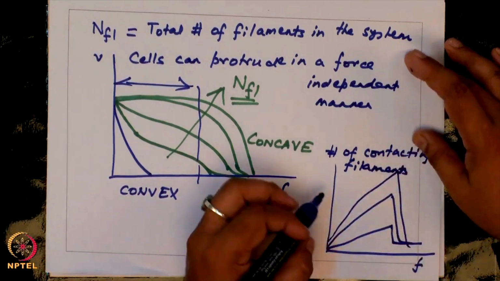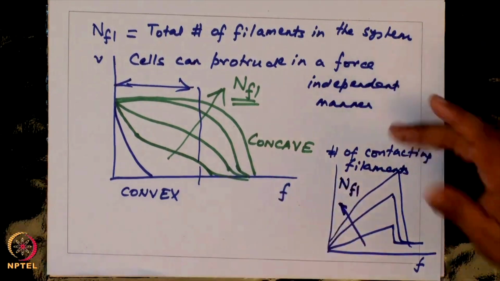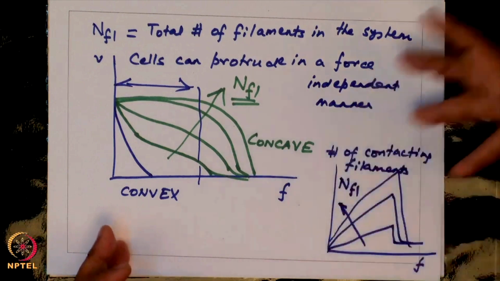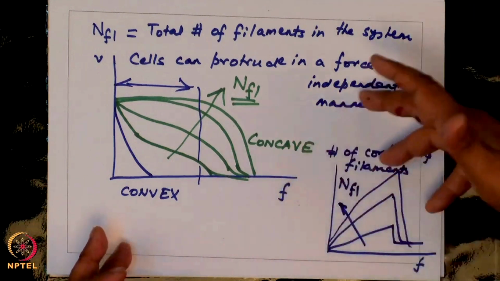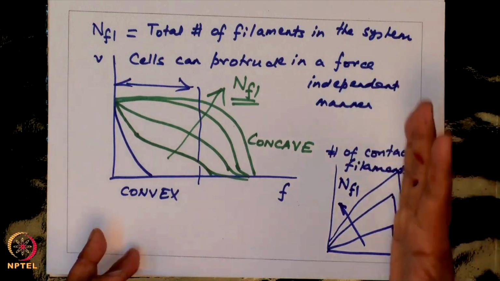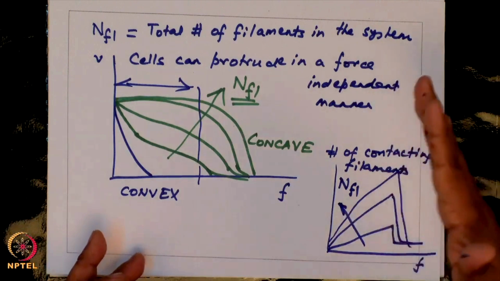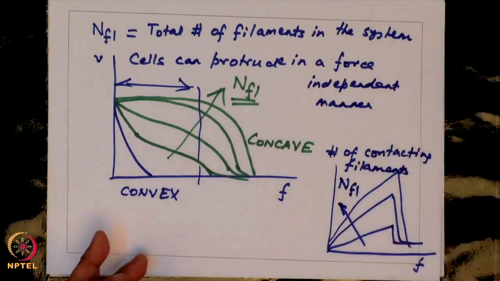This is with increasing value of NFL. Increasing the number of filaments will lead to an increase in the number of contacting filaments also, but beyond the stall force you see there is a sharp drop, because the first filament itself will not branch. So, with that I end here.